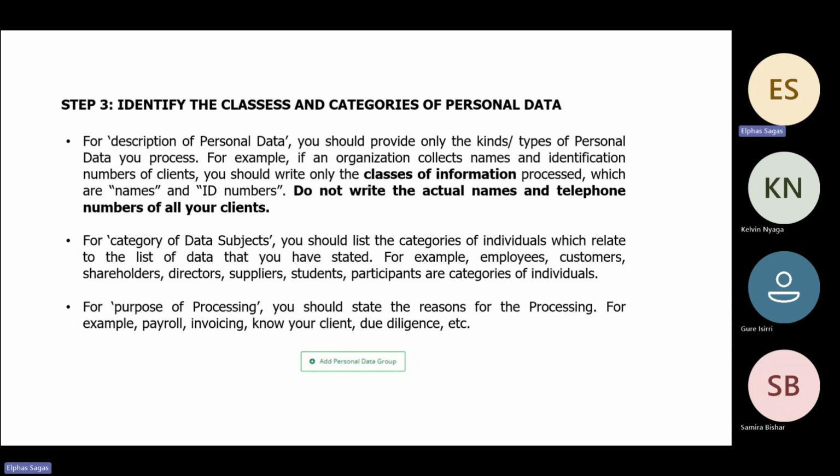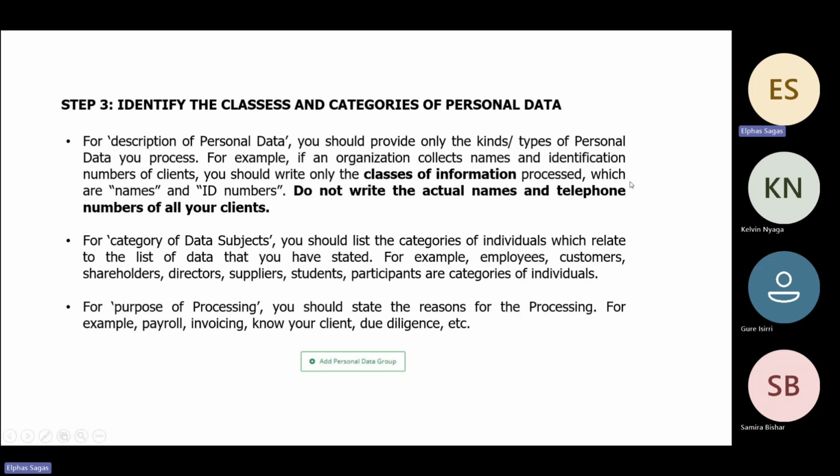If you need NSSF, KRA, share number, you go down there and you say the legal basis or the lawful basis you're relying on is legal obligation for statutory deductions, comma. So you separate it with a comma.